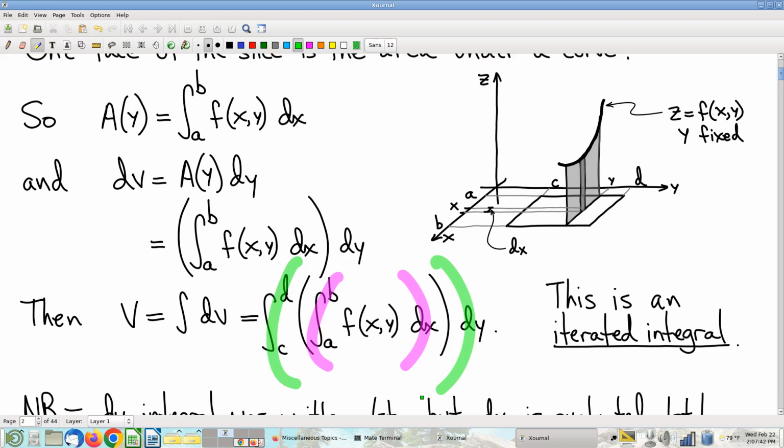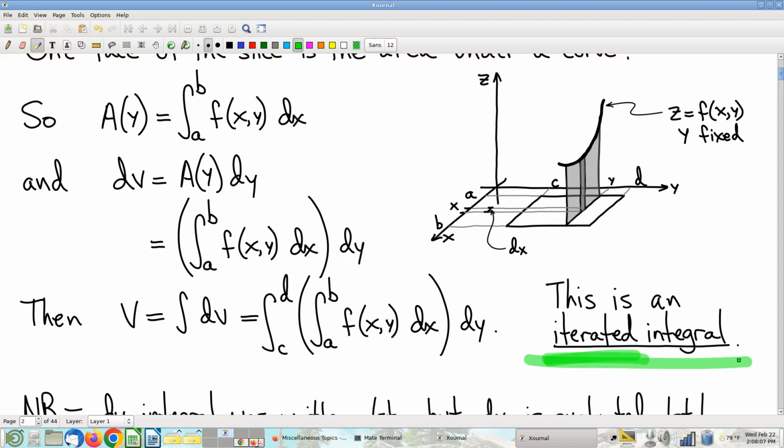That's commonly called a nested expression, like dolls inside larger dolls, boxes inside larger boxes, whatever. So this has not caught on as I've been hoping. We'll see. Time's not up yet, but the term we should use in this class, because it is overwhelmingly the most common, is iterated integral. Is everybody on board? Okay.